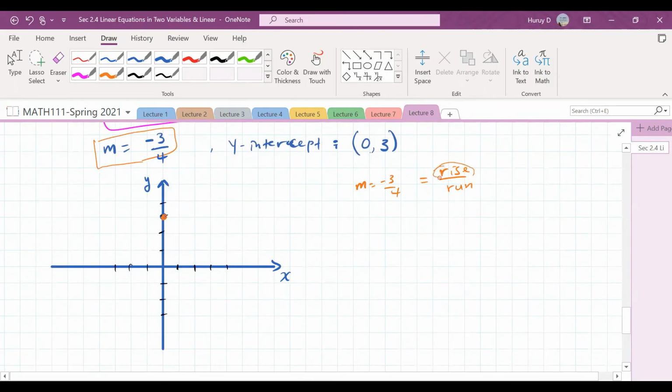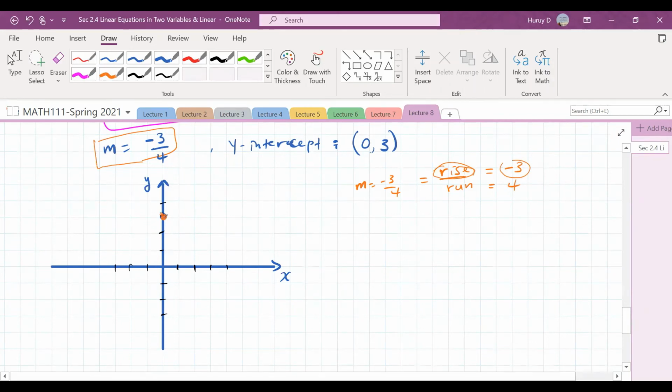So I will use this idea. Here, the rise is negative 3, and the run is positive 4. Rise means vertical, either upwards or downwards. Now I will start from here, this one starting point.